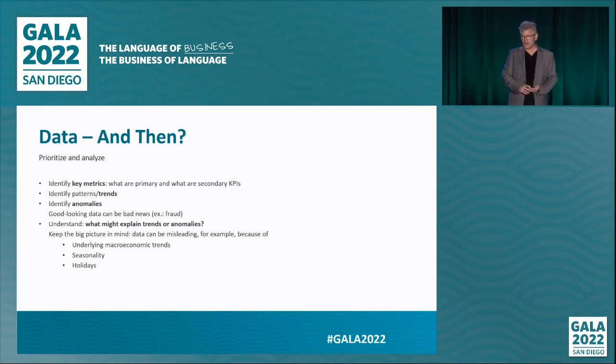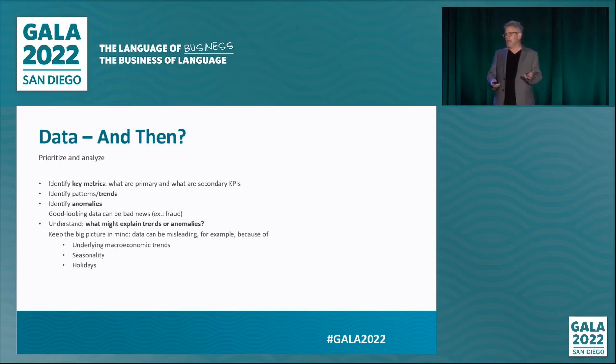And hand in hand with that, if you have a trend, you can also spot an anomaly. Where are things very different? And that can be within one market, where you suddenly see a big drop in China in February. And well, for understanding that, you might just remember that there's a big holiday in China in February.